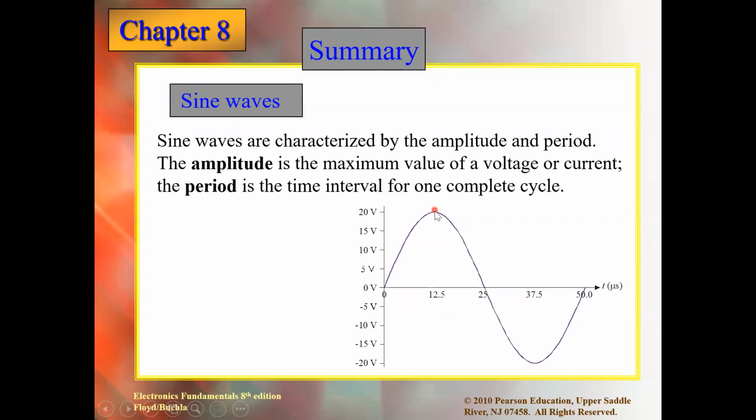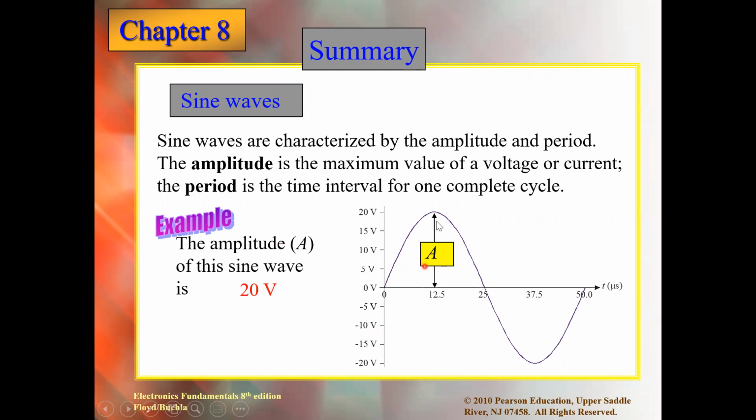If we measure from the center to this point, we will find the maximum value is 20 volts. Amplitude is denoted by the letter A, here 20 volts for this sine wave.